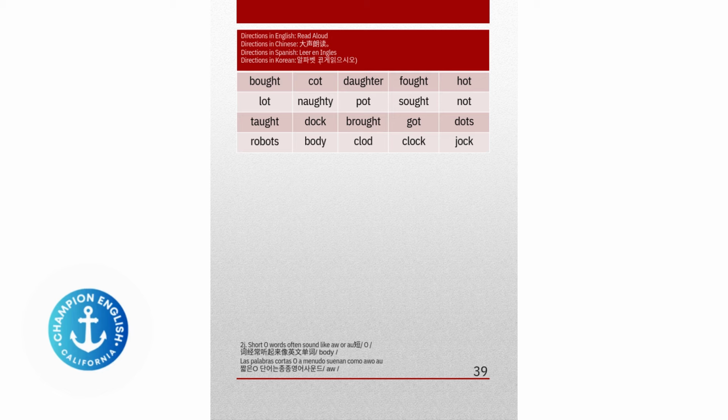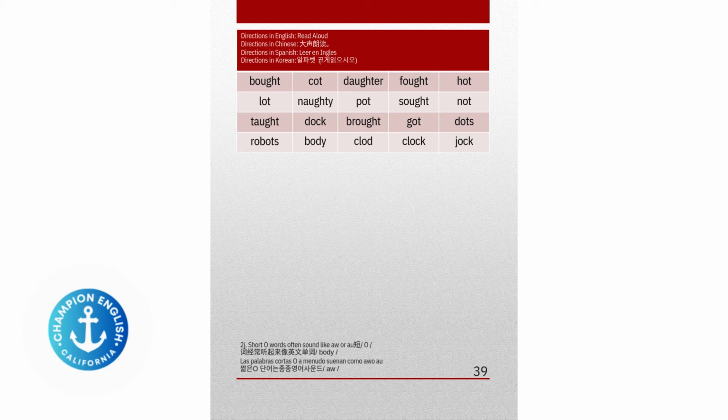N and ought, not. T and ought, taught. D and ought, dog. Br and ought, brought. G and ought, got. D and ought, dots. R and ought, robots.